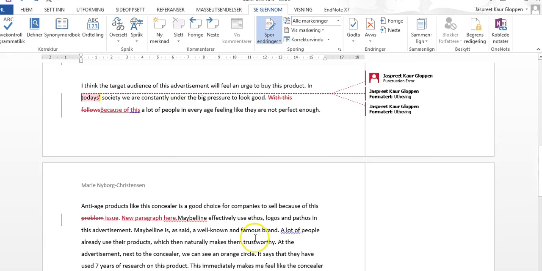So when you say, for example, that it effectively uses ethos, logos, and pathos, and you say it is a well-known and famous brand, and it's trustworthy, then you have to say, this means that they are using a rhetorical device, ethos, which is an argument based on credibility or trustworthiness.